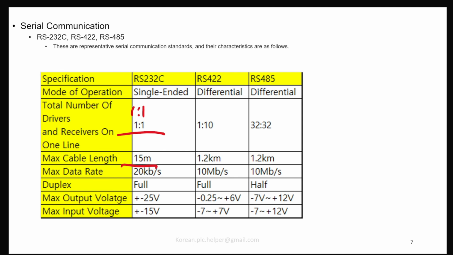And the standard specifies a maximum data rate of 20 kilobits per second. RS-232C has separate transmit and receive lines. Therefore, it can support full duplex communications. Full duplex communications allow transmission and reception at the same time.